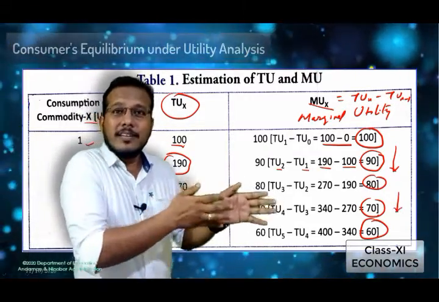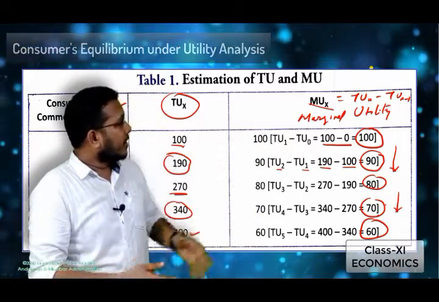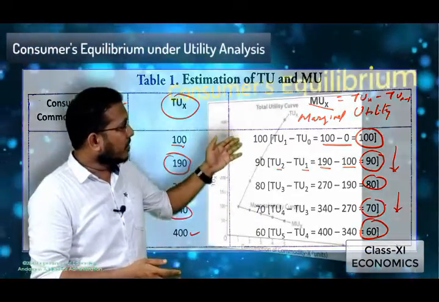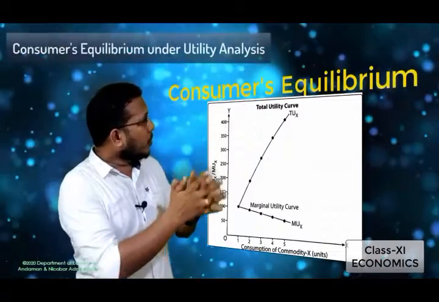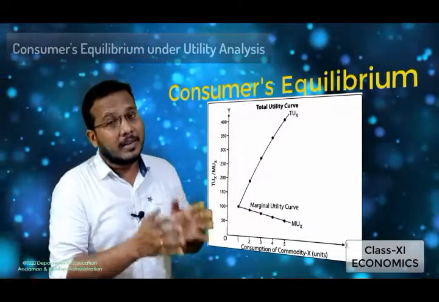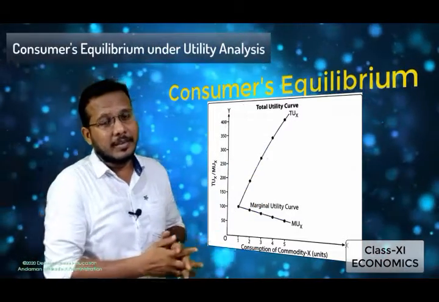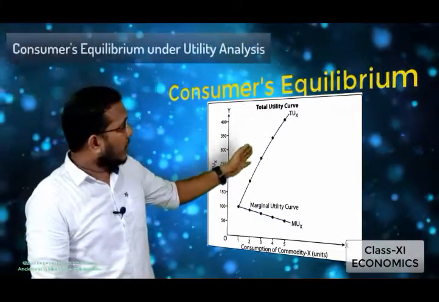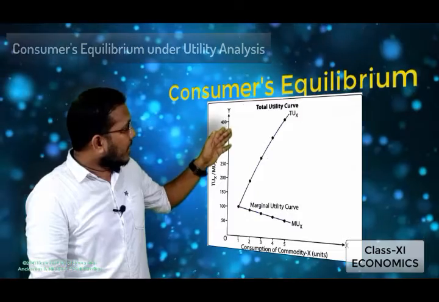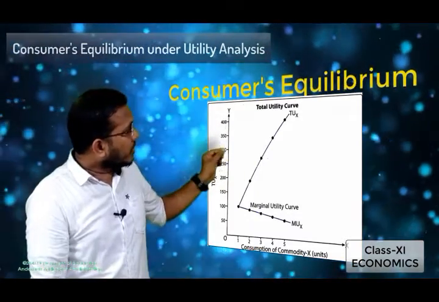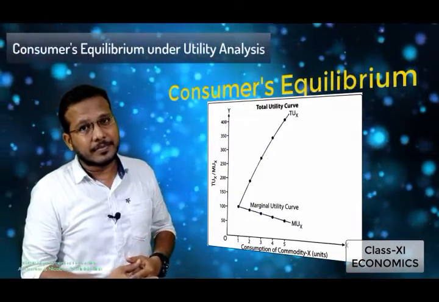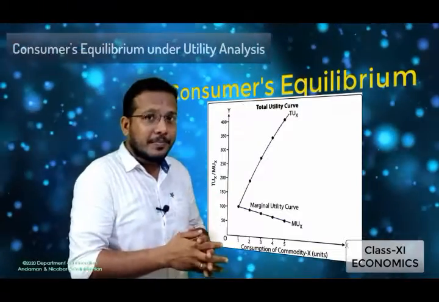So based on this table, look at the diagram. Here in this diagram, both the curves, that is the TU curve and the MU curve, are shown in the same single diagram. So look at the diagram here. The TU and MU both start from 100. Okay, but what happens then?